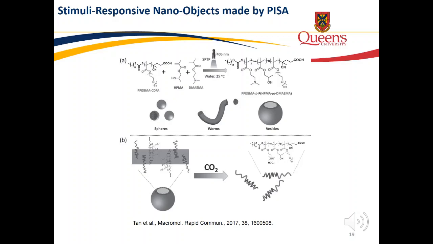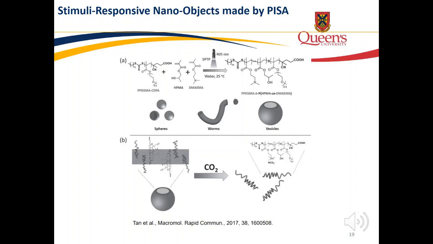And by doing this, you can have spheres, worms, or vesicles, depending on the relative amounts of each of the materials. And because you have DEAEMA in there, and the tertiary amine groups are carbon dioxide sensitive, you can induce morphology changes by introducing carbon dioxide into the system. The carbon dioxide will protonate the tertiary amine groups, and then you can have this reversible change in morphology.